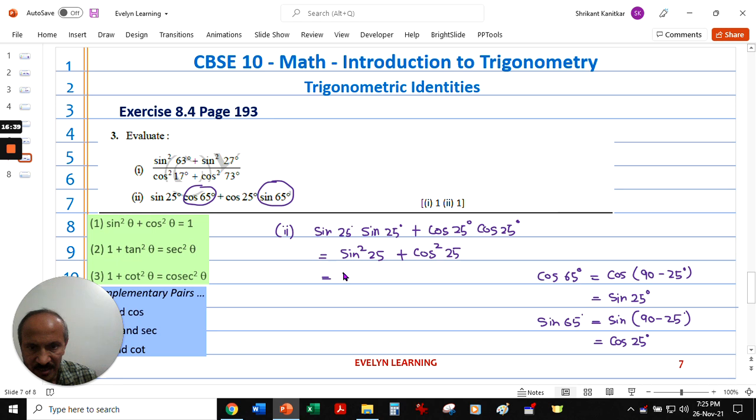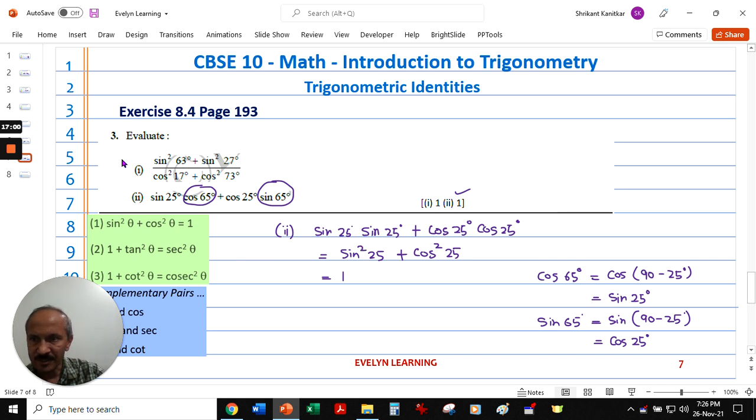And similarly in the denominator I have cos square 17, which I will keep as it is, plus this cos square 73 degrees can be replaced with sin square 17 degrees. And how is that?